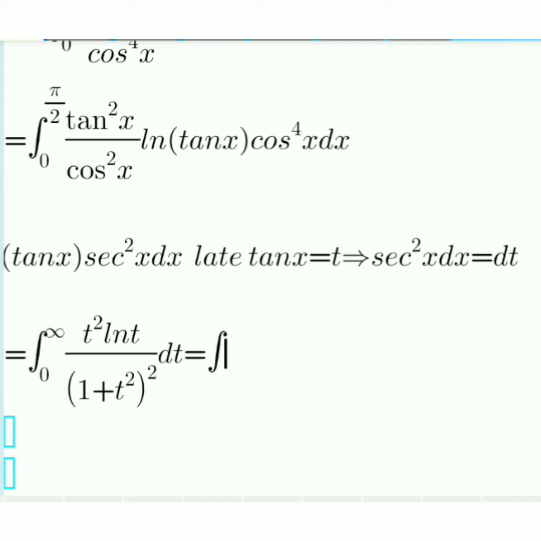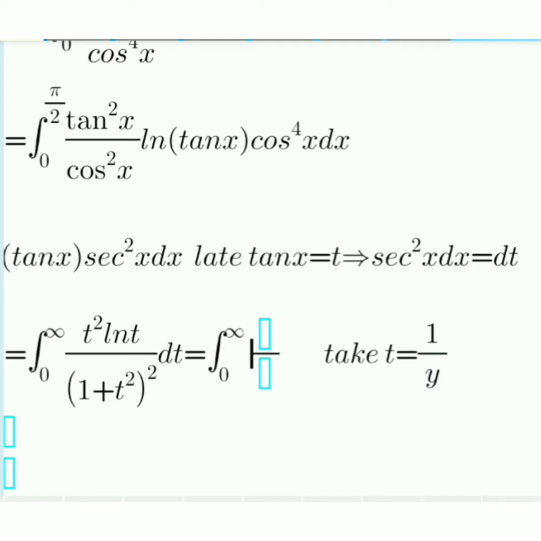After that I can write 0 to infinity, t square. Take t equals to 1 by y.